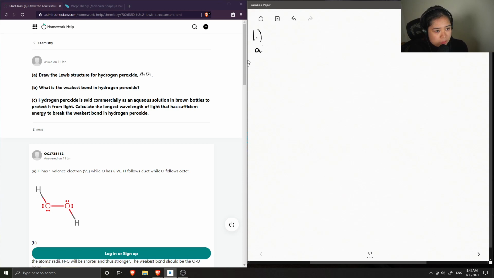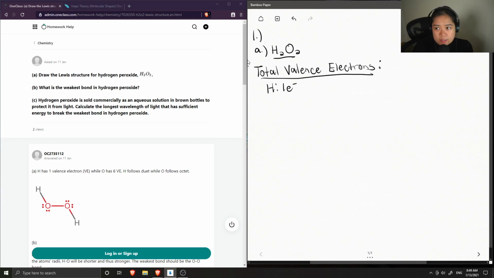Okay, so first let's draw the Lewis structure of hydrogen peroxide. To do so, we're first going to calculate the total number of valence electrons in the molecule. Hydrogen has one valence electron, and there are 2 hydrogen atoms, so we multiply this by 2.